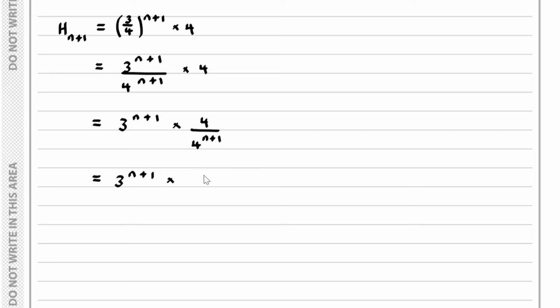So we can rewrite this as a quarter to the n. So we have 3 to the 1 times 3 to the n, which is the same as 3 to the n plus 1, times a quarter to the n.